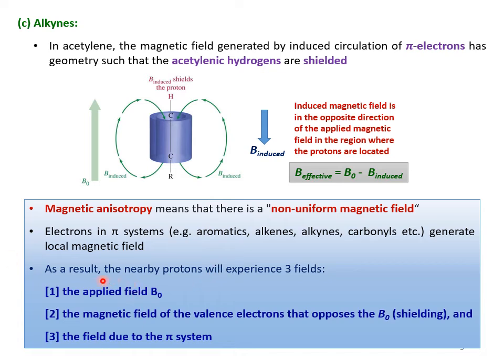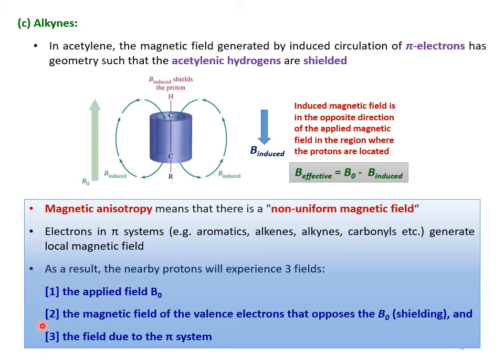Here you have to remember, a proton in a molecule experiences three magnetic fields if there are pi electrons. If there are no pi electrons, it experiences only two magnetic fields. One is from the external magnetic field, and the other is from the circulation of electrons, which opposes the external magnetic field.